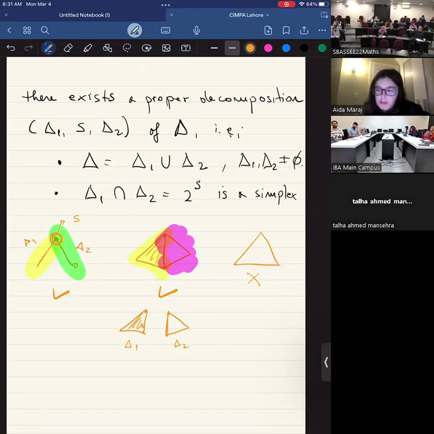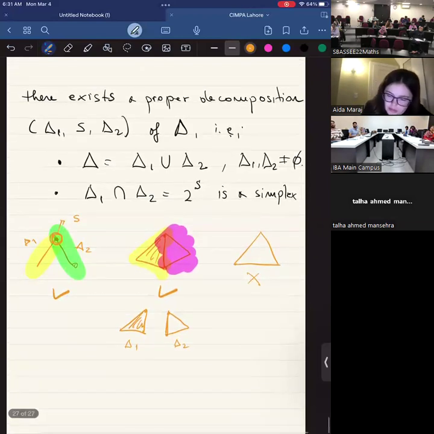Okay, so reducible means that you can just do one step. But now if you are able to do many steps till you end up with simplices, then you have the definition of decomposable.